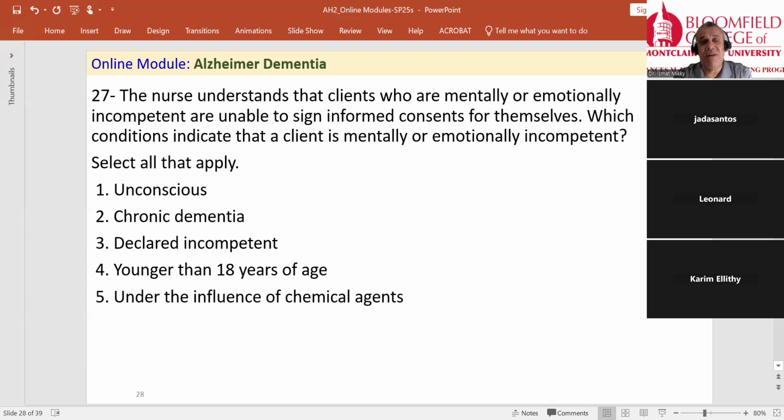For example, patients with liver cirrhosis, at some points will develop altered mental status because the ammonia level rises and affects the brain cells, and they become very confused, and at some point maybe comatose. So we would only choose that answer, the influence of chemical agents, if they specify the drug and that drug causes sedation or confusion.